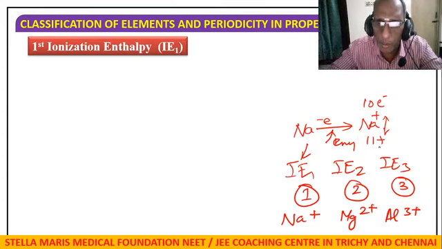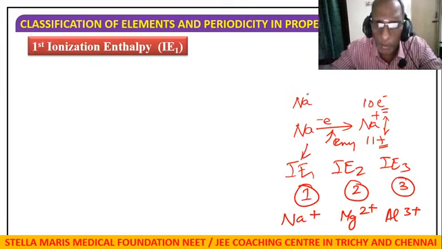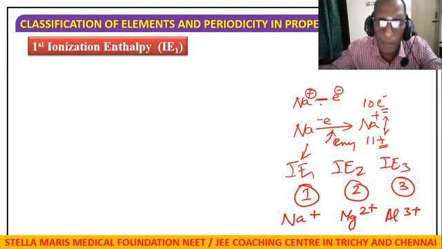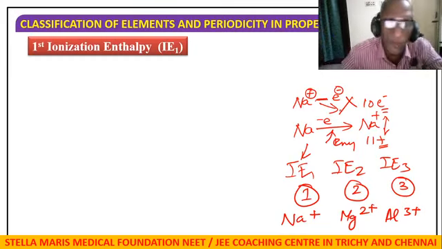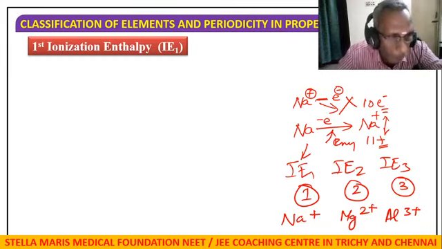Protons are positively charged, electrons are negatively charged. Once it has formed sodium plus, there is a stronger attraction between the opposite charges. You cannot remove the next electron. Second ionization potential is not possible with respect to sodium.